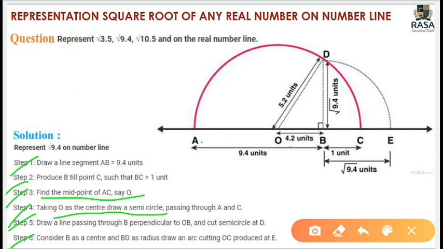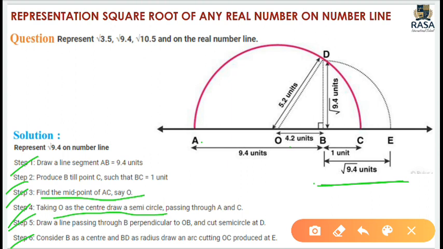We cut an arc on line segment OC produced at E. So we find that BE is also root over 9.4 units.